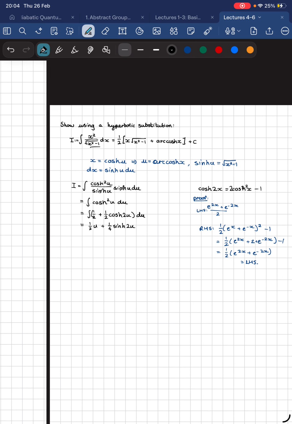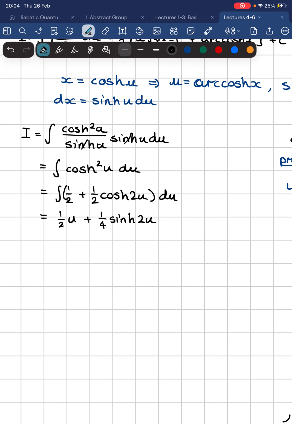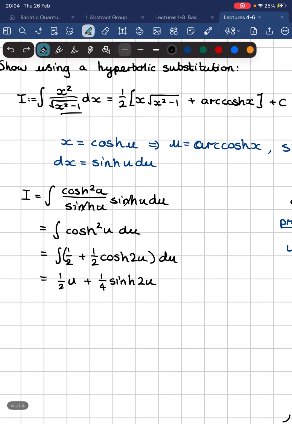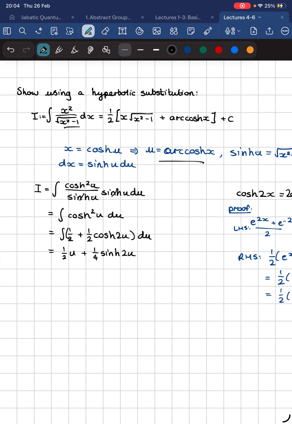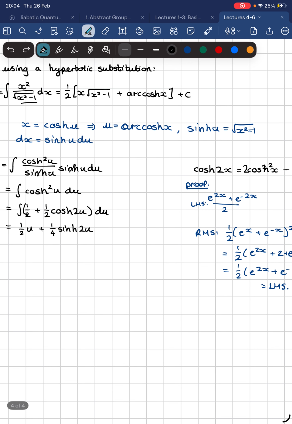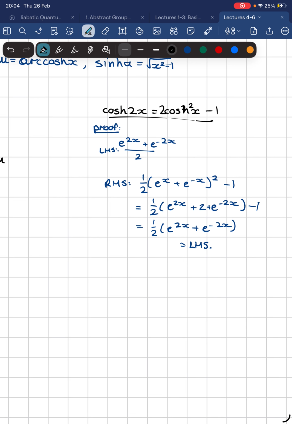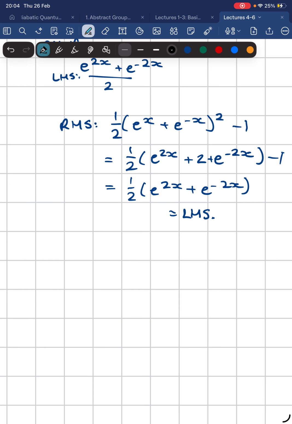Okay, so now we're really close, except we have this thing sinh 2u, which we don't quite know how to do. We have u, we have sinh of u, but we don't quite have it. But again, we've just proven this holds for cosh of 2x. So why don't we prove it holds for sinh? We have sin 2x equal to 2 sin x cos x, so it makes sense.